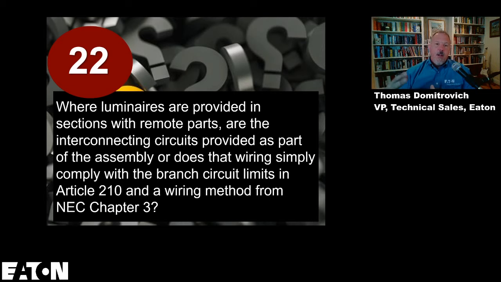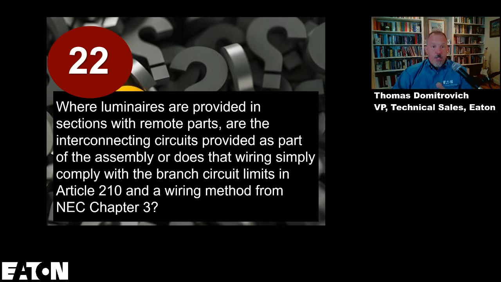So you have a luminaire that has remote parts, so like the interconnected. You could have various, that pendant luminaire that has the pendants with the wires that are the pendant, that could be listed as a luminaire, right? And that has different parts.